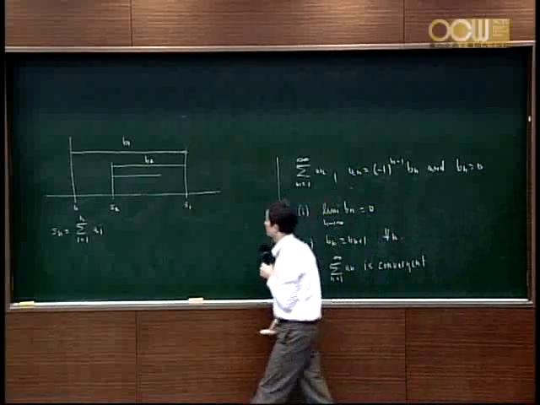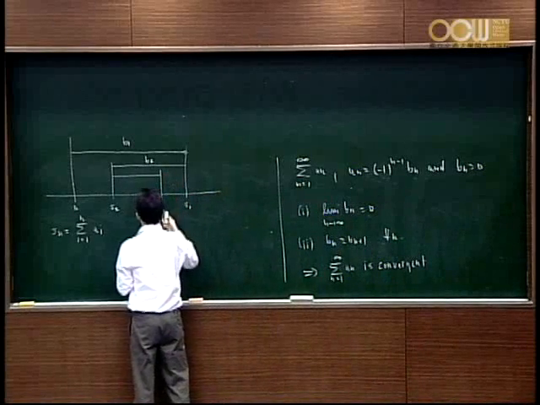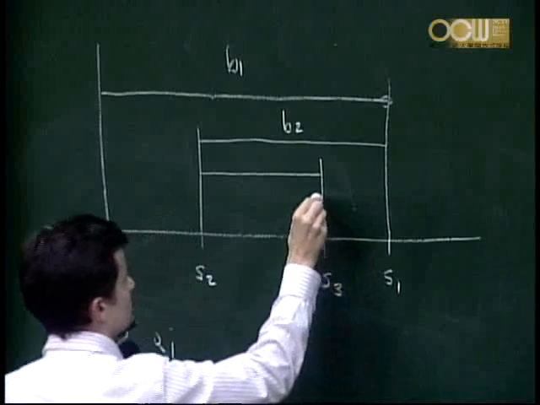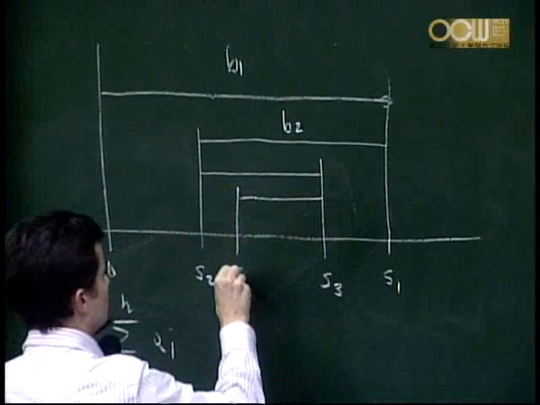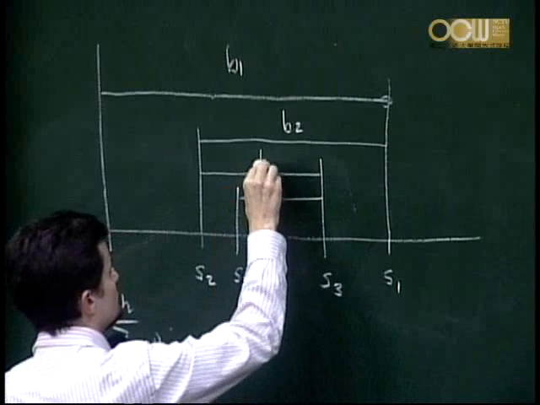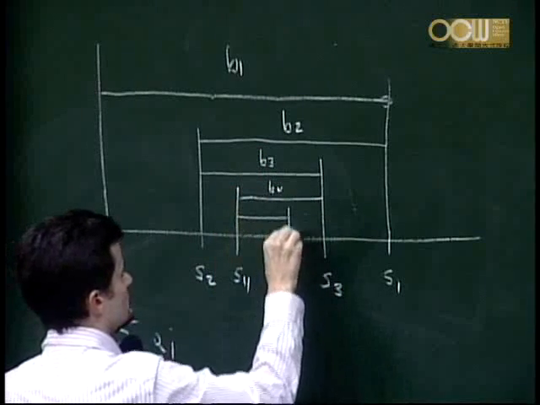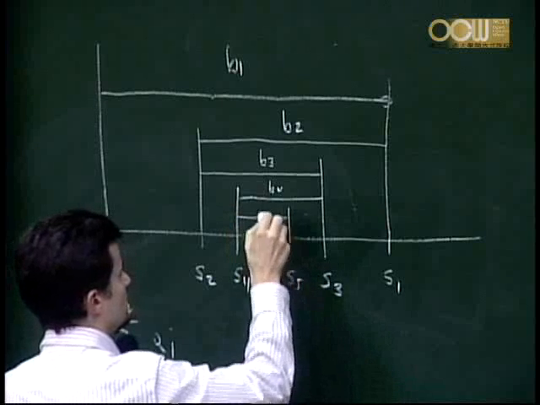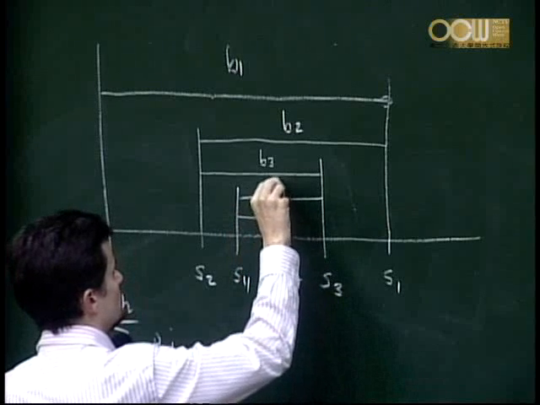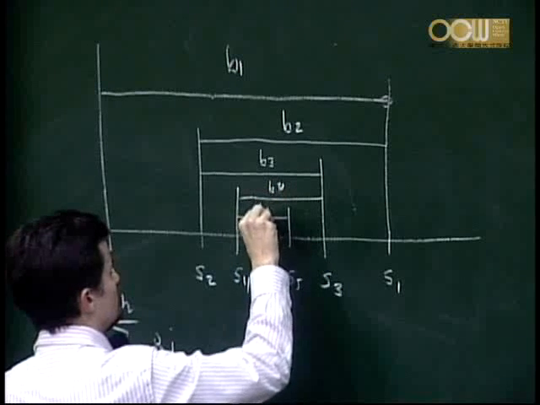So you have something like, here's S3, and then you go here to S4. So this is B3, this is B4, and then you go here to S5, and this is B5.